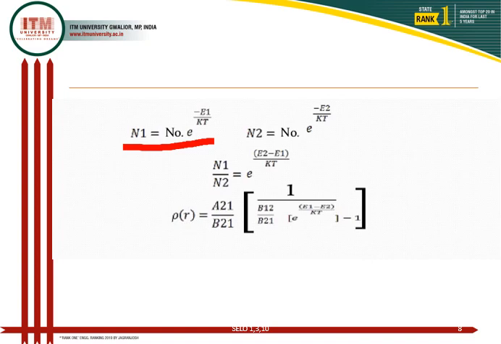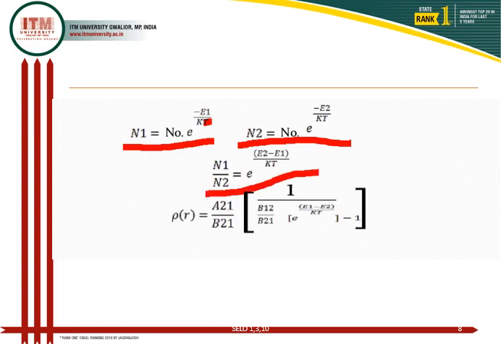Now this T is the absolute temperature, and k is the Boltzmann constant. E1 is the energy of that level. Similarly, you can also calculate N2. N2 can also be written as N0 e to the power minus E2 over kT. If we have these two, we can also obtain N1 by N2.